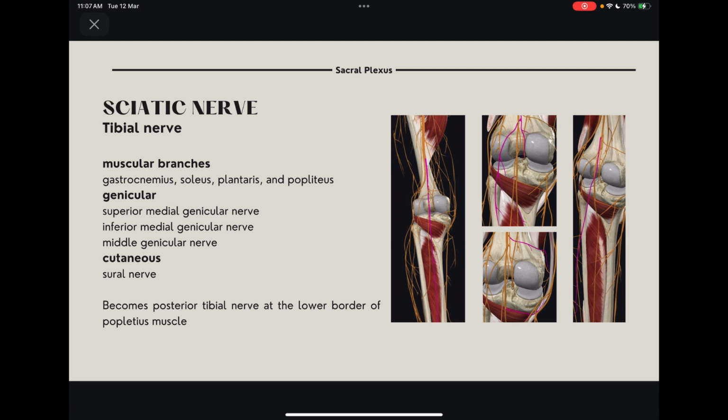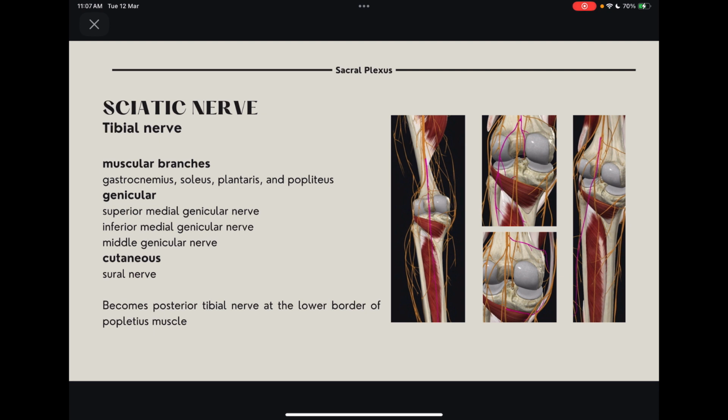It's a larger branch, and it continues downward and posteriorly, and terminates at the lower border of the popliteus muscle as the posterior tibial nerve. While it's going downward, it will give certain branches. It will give muscular branches to supply certain muscles in the leg, which are gastrocnemius, soleus, plantaris, and the popliteus muscle.